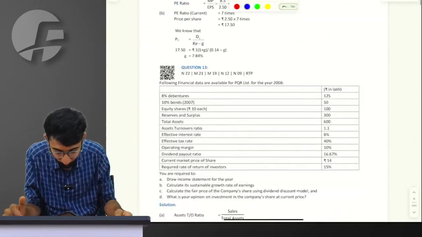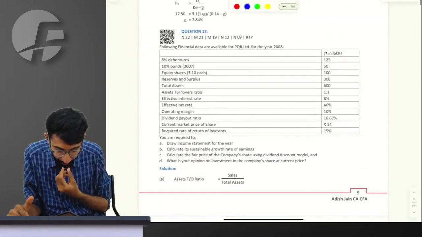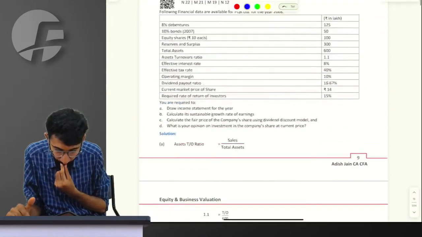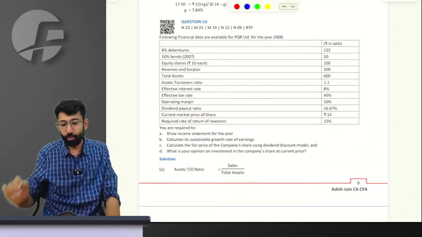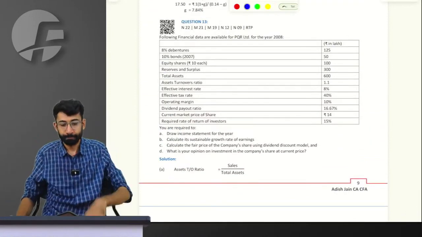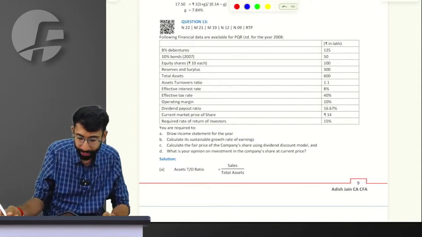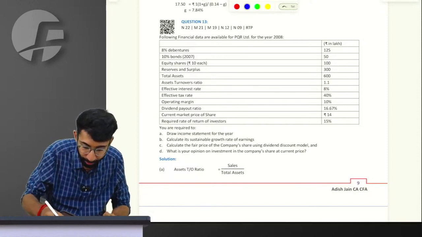Question number 12, homework. Easy question. Even the 13th question is your homework. The point you need to understand in question number 13, I will share it now.